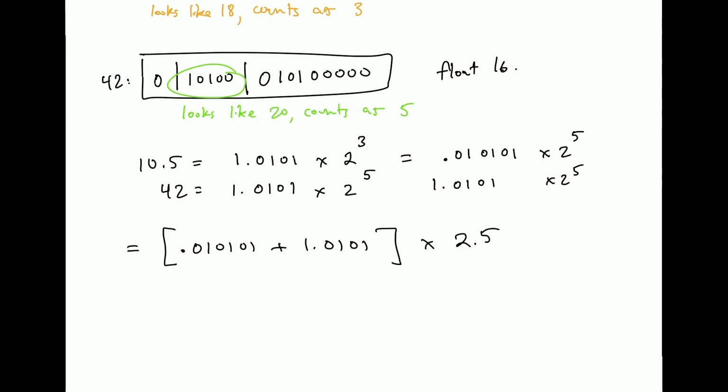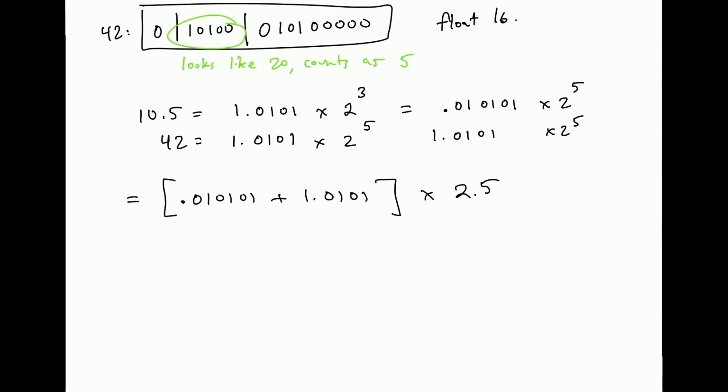And so now I can, at least for the moment, ignore the exponent business and concentrate only on the mantissas. So now I've got some arithmetic to do. 1.0101, and I'm going to write 2 zeros there just for cleanliness, 010101 plus. So that's what I need to compute next.